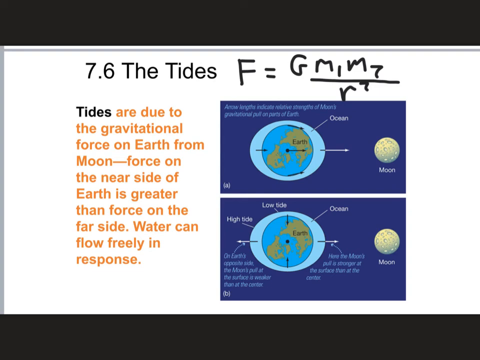So what does that mean? That means that the Earth is from here to there. The moon is pulling harder on this side than it's pulling on the center. Because this side is closer to the moon than the center, it gets stronger gravity. And the moon is pulling on the center more strongly than it's pulling on the opposite side.